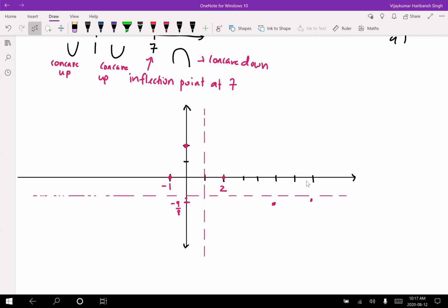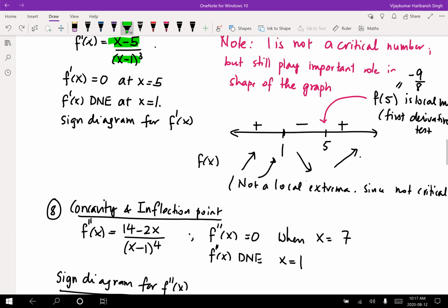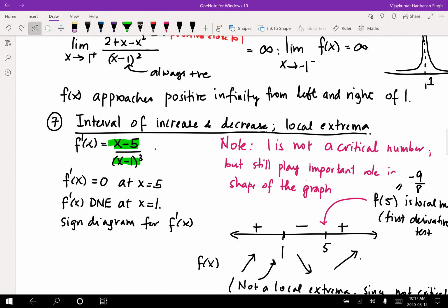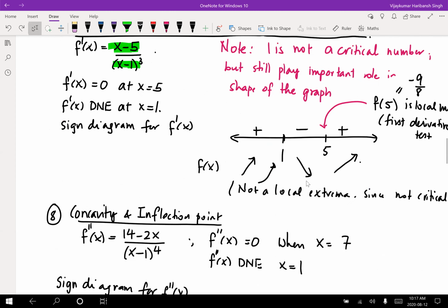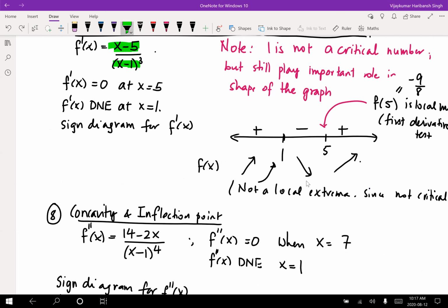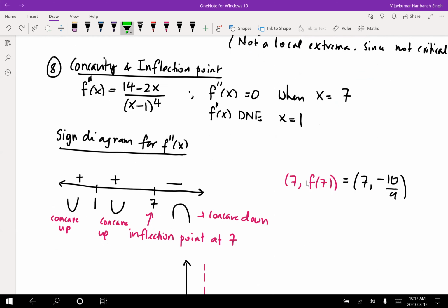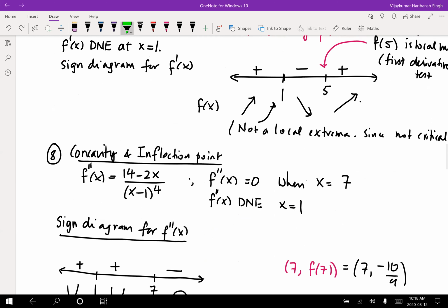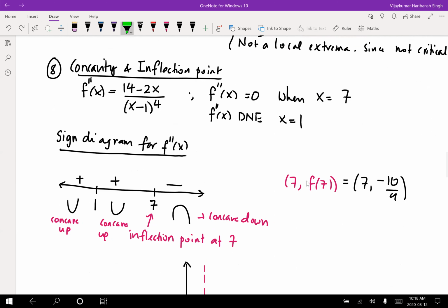So let's break it piece by piece and investigate what is happening on this side first. Before -1, what is happening to the function? The function is increasing all the way to 1, and it's also concave up all the way to 1.